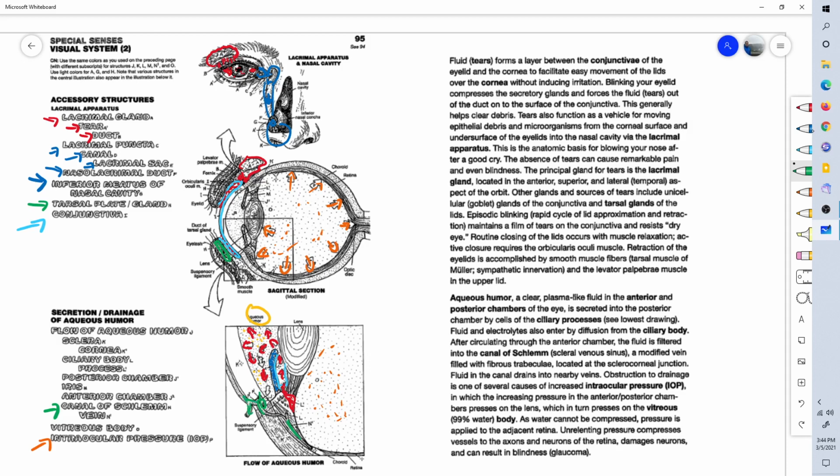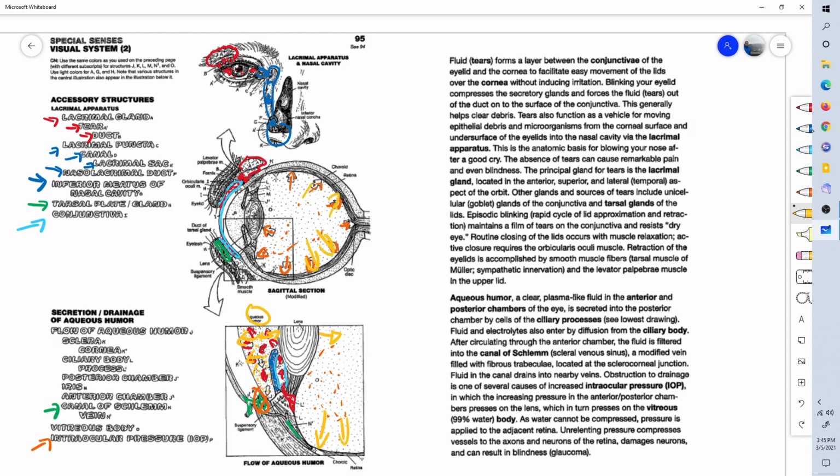If there's any blockage right here, it can create extra pressure. The aqueous humor will start to build up here and create pressure everywhere in the anterior chamber, posterior chamber, but in the aqueous area, even pushing back on the lens, and creating greater pressure here in the vitreous space.